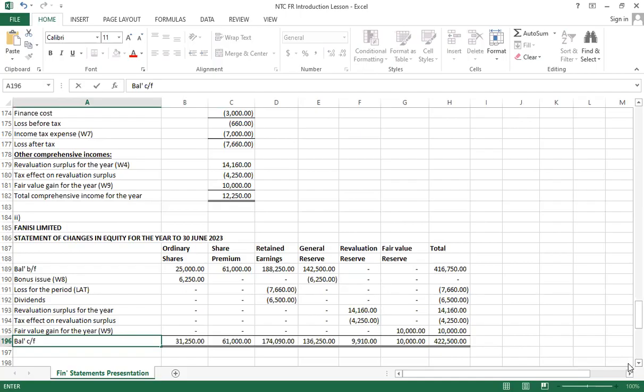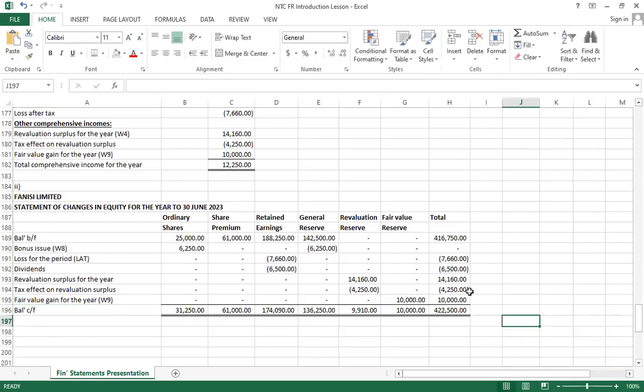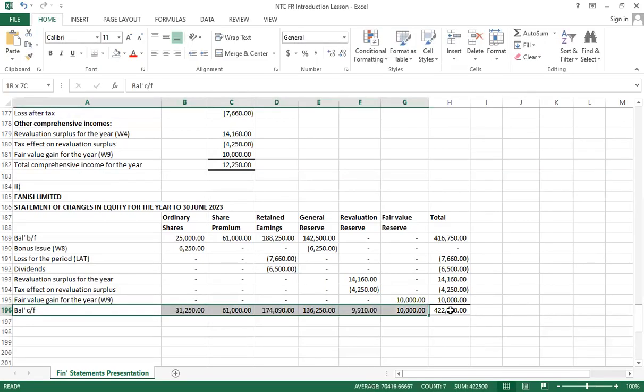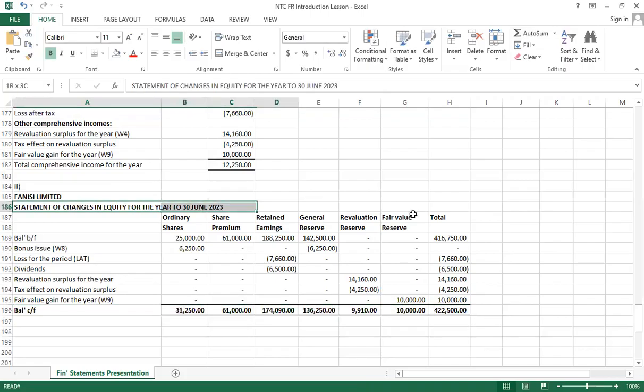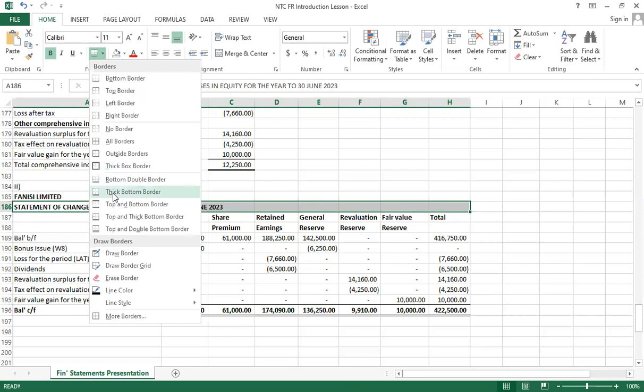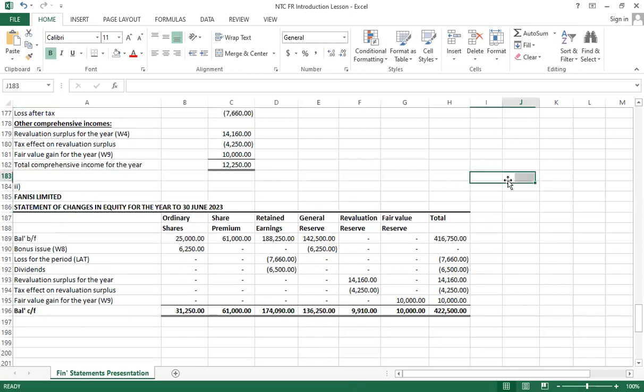And so those are now the equity item figures that later we take to our balance sheet. And that is how the statement of changes in equity should look, yeah? So if there are any questions.